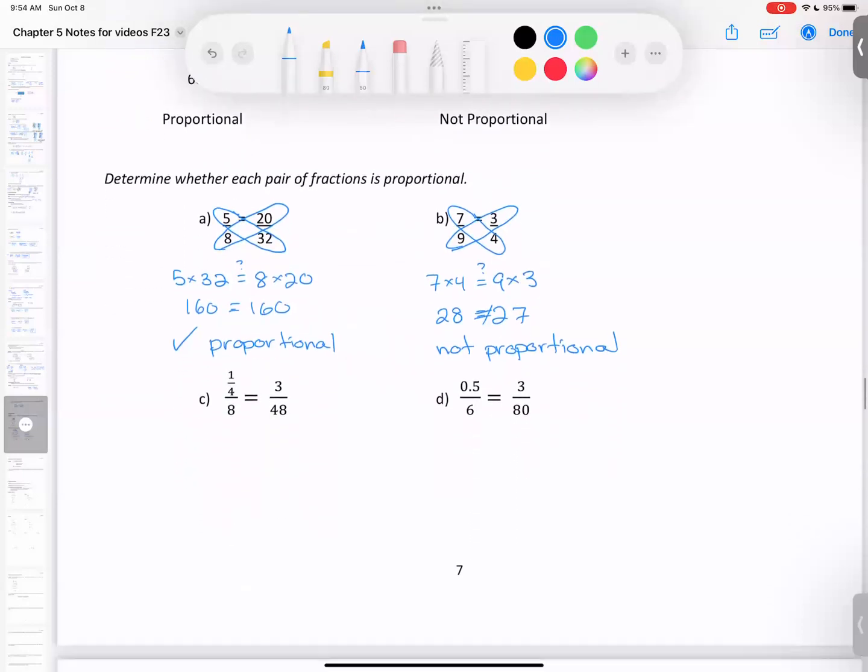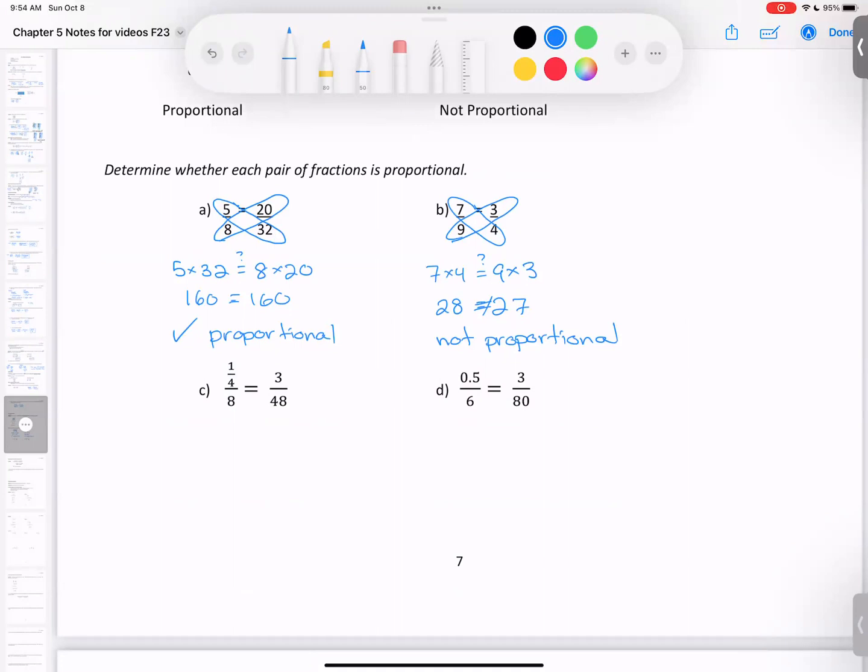Sometimes you'll have fractions or decimals in the numerator or denominator, so let's do a few like this. Here we're going to do the same method, a cross product. Does 1/4 times 48, and I'm going to write 48 as 48 over 1. Remember, we can do that with any whole number. Does that equal 8 times 3?